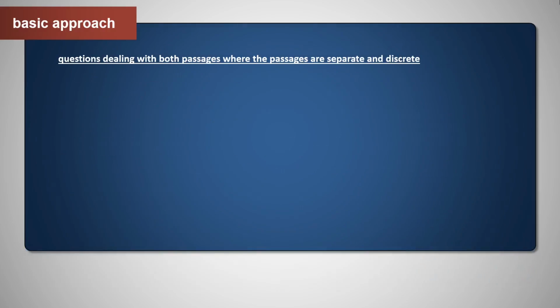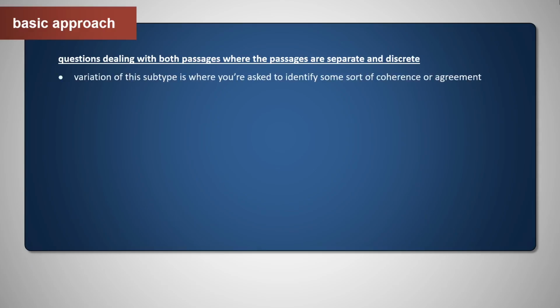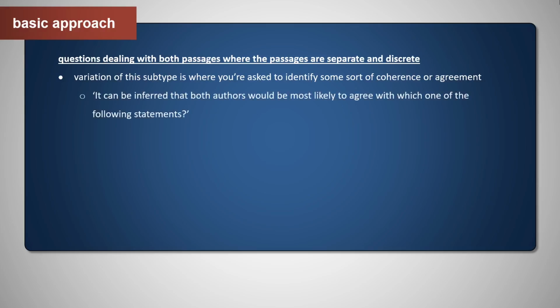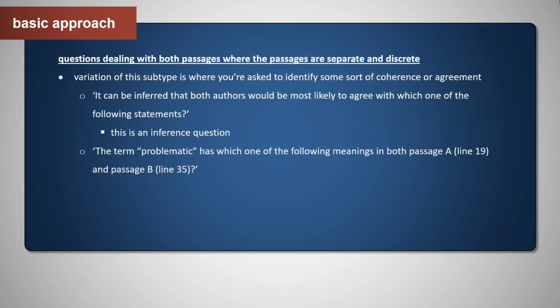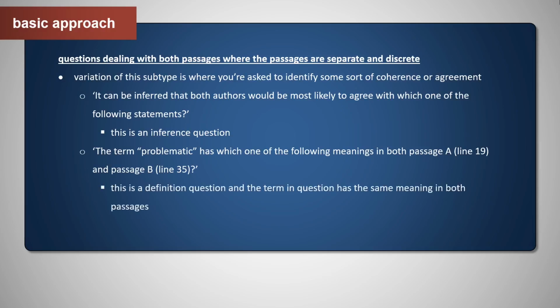Now, another variation of the subtype is where you're asked to identify some sort of coherence or agreement. For example: it can be inferred that both authors would be most likely to agree with which one of the following statements? This is an inference question. Or: the term problematic has which one of the following meanings in both passage A and passage B, lines 19 to 35? This is a definition question, and the term in question has the same meaning in both passages.